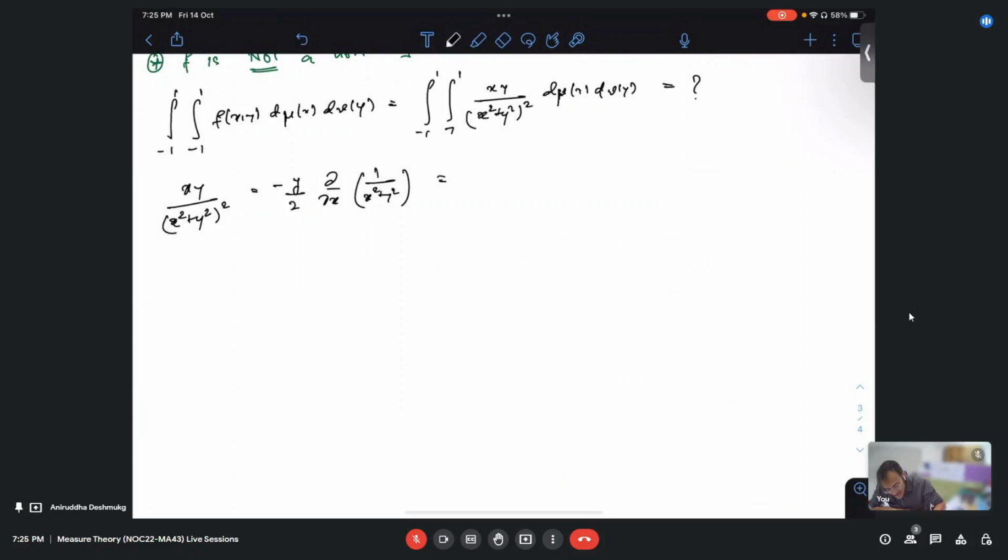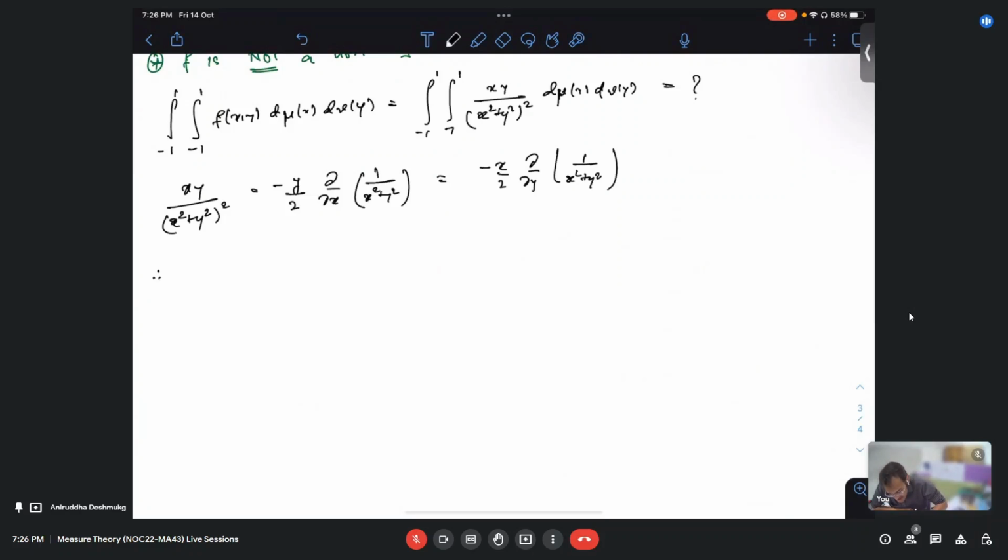Also, I can write this as minus x by 2 times the derivative of 1 over x square plus y square with respect to y. And one can easily check that they are equal. Because once you take the derivative, it is minus 1 over x square plus y square into 2x. So 2 goes away, minus cancels, and what remains is xy.